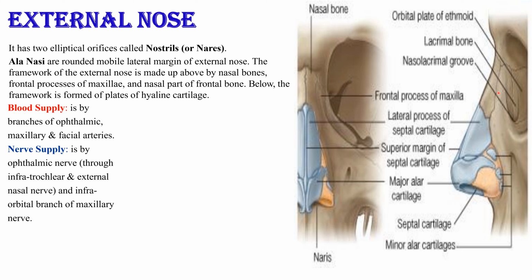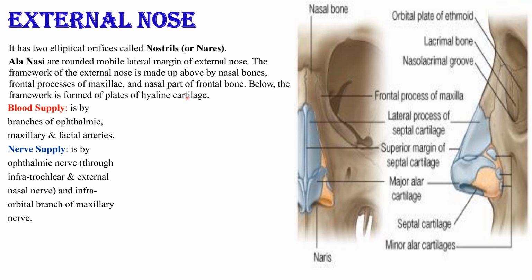Here, if you look at the lacrimal bone, all these structures form the medial wall of the orbit. Here we have cartilage: the alar cartilage of the nose, the septum of the nose, and a small one called the minor alar cartilage.